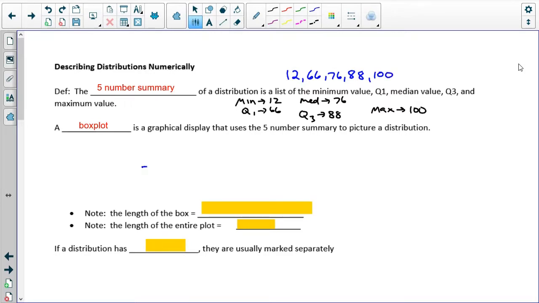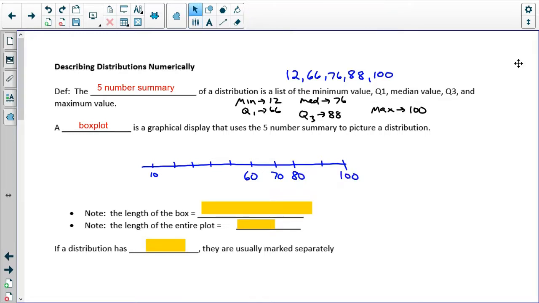A box plot is going to have a number line: 30, 40, 50, 60, 70, 80, 90, 100. My tick marks aren't great, but if we are trying to do a box plot here, I can just start at the minimum value, go up until 66, 76, 88, and 100.